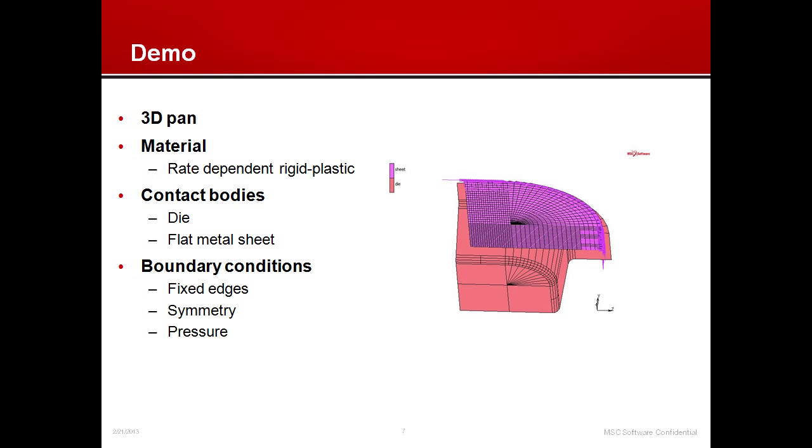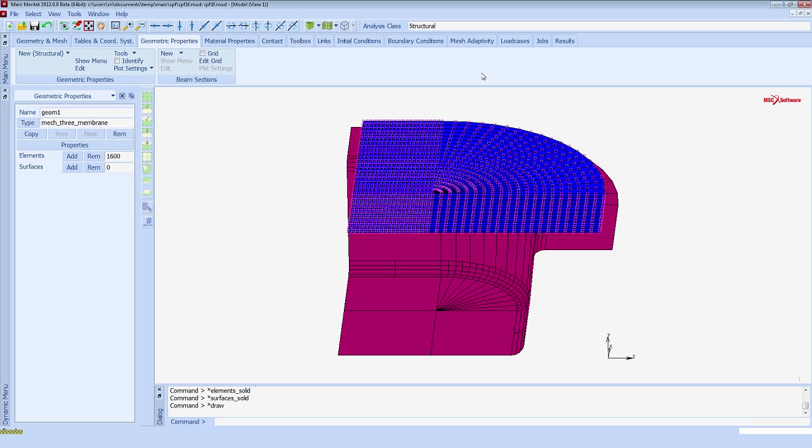And so there are two contact bodies. And I'm going to define the material properties and define the boundary conditions and so on. So let me switch to Mentat, which of course is the modeler or pre and post processor for Marc.